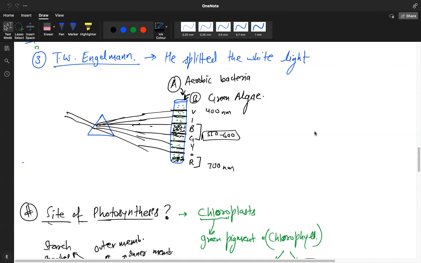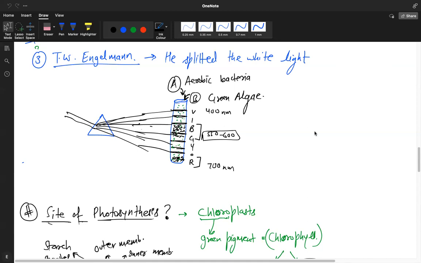So he figured out that if some pockets have more photosynthesis by green algae, there will be more release of oxygen, and we can know that by looking at the concentration of aerobic bacteria in that pocket, in that region.